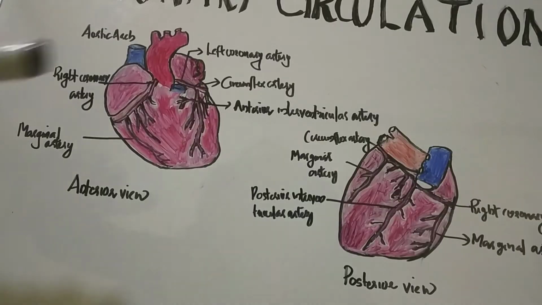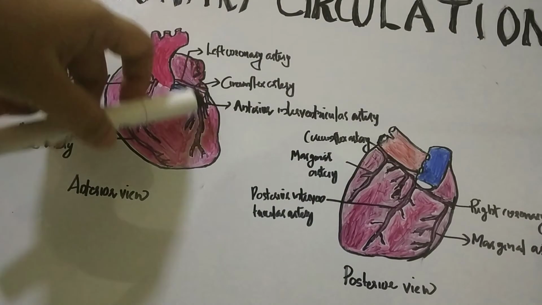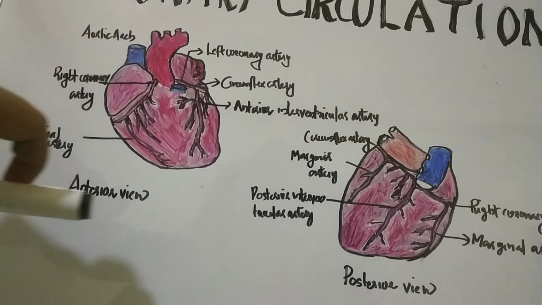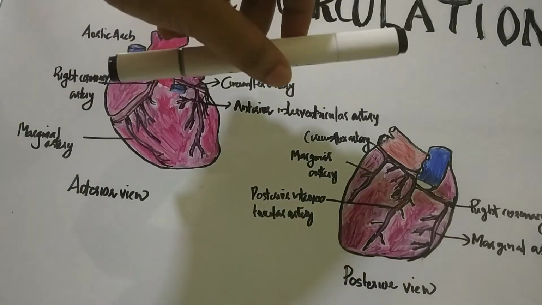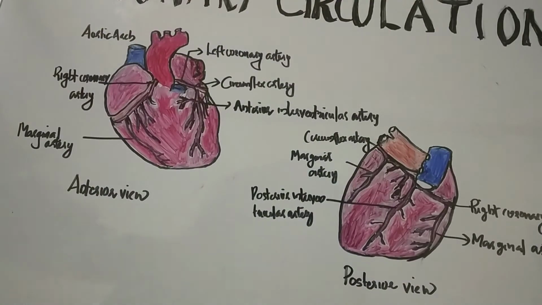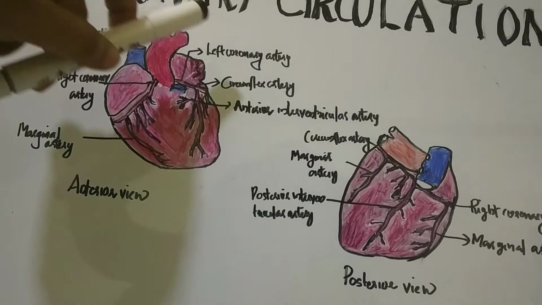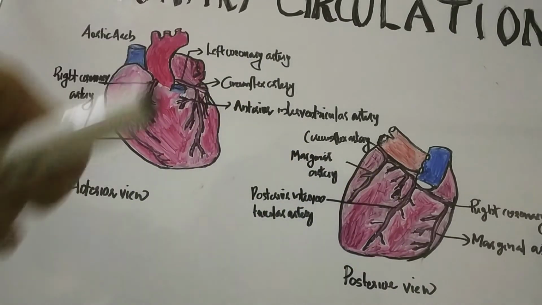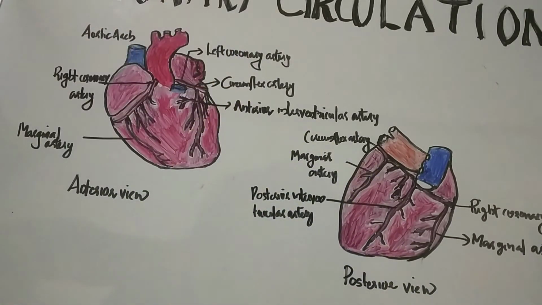Now we will discuss the branches of the left coronary artery. The large branches are the anterior interventricular branch and the marginal artery. The small branches are the left atrial branch, pulmonary and terminal branches. In this figure, I have not shown those branches.